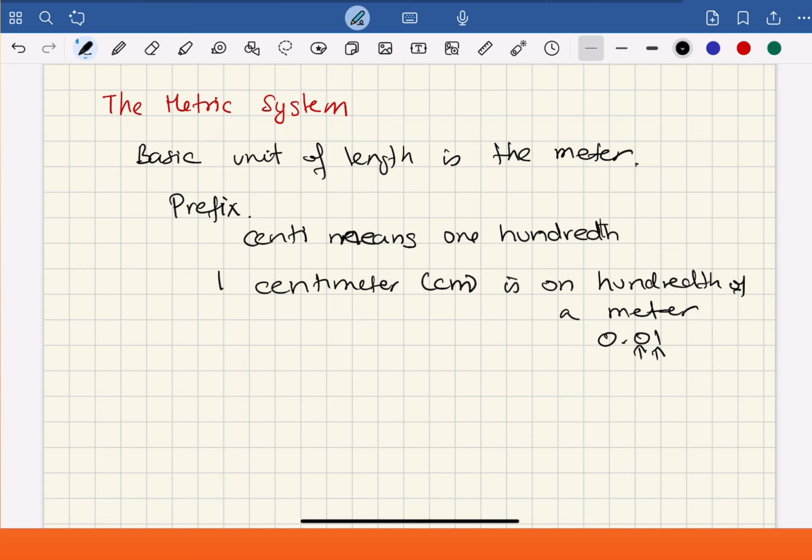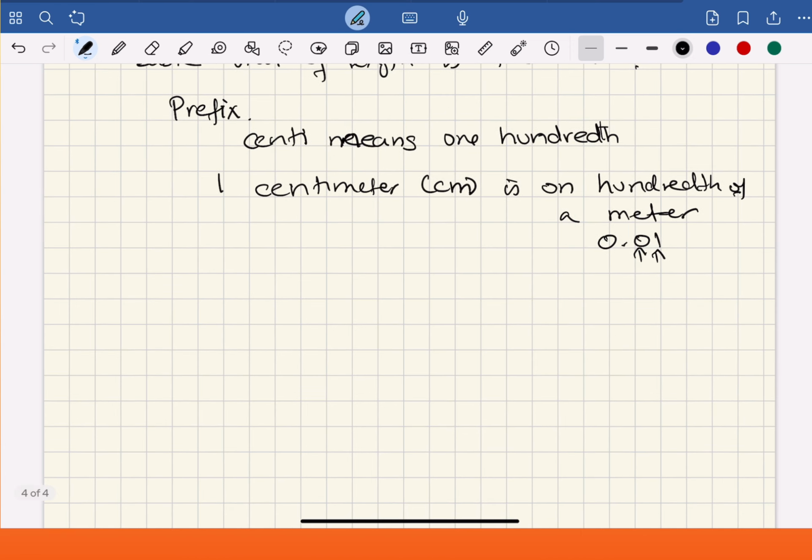So this is something that you're going to also have to memorize, and this is the prefixes and units of length in the metric system.